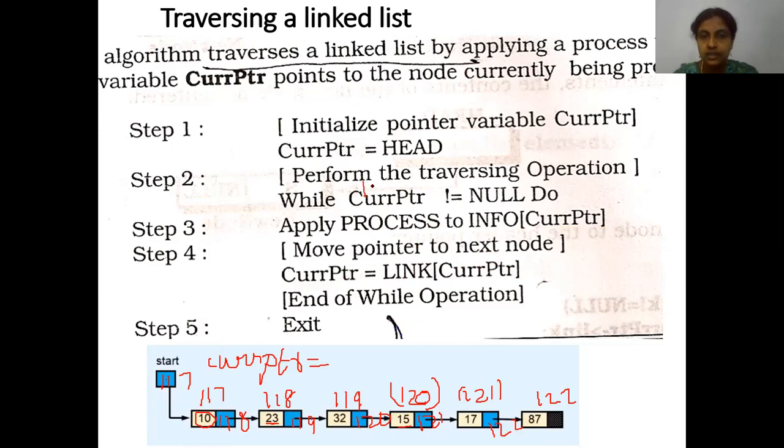Now it is taking 122. So it will check whether current pointer of 122 is null. Current pointer of 122 is null means yes, it is null.